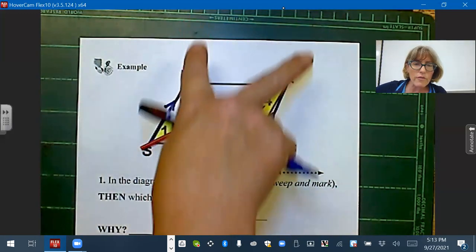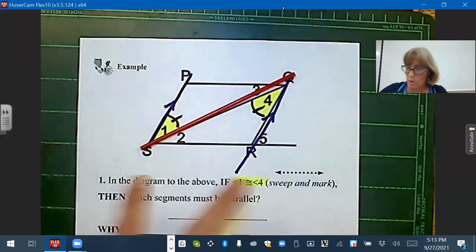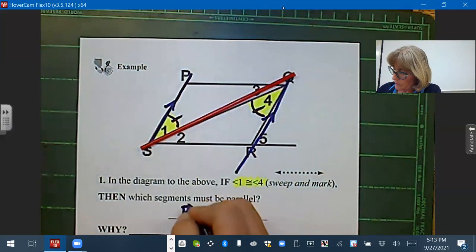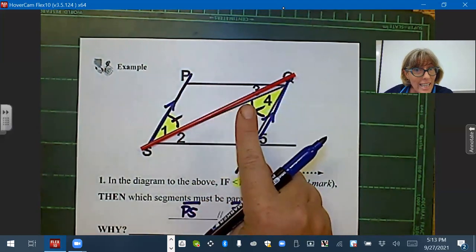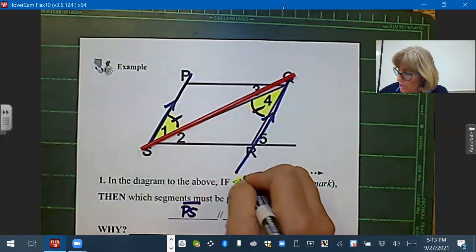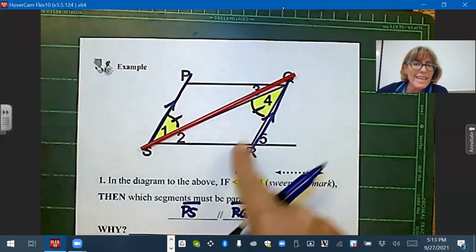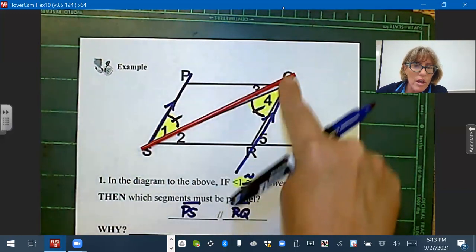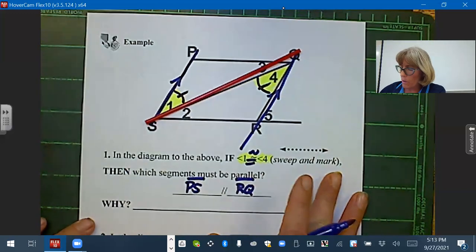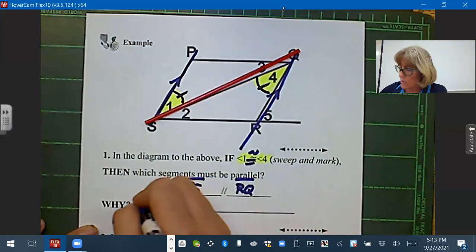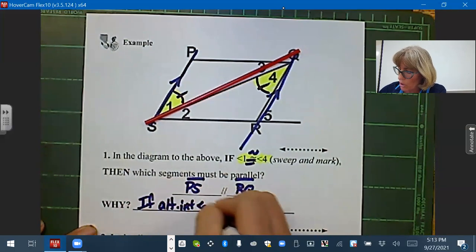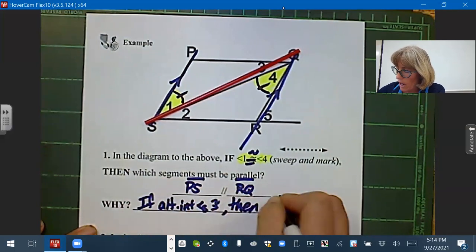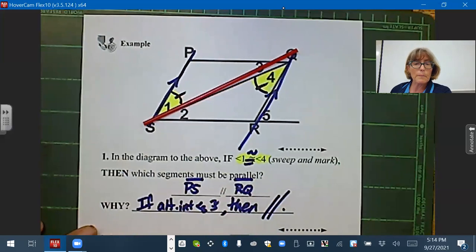If these are congruent, that forces PS and RQ to be parallel. And the reason why would be because if these are congruent, alternate interior angles are congruent, therefore the lines are parallel. So I would write it like this. If alternate interior angles are congruent, then I must have parallel lines. I know that looks strange.